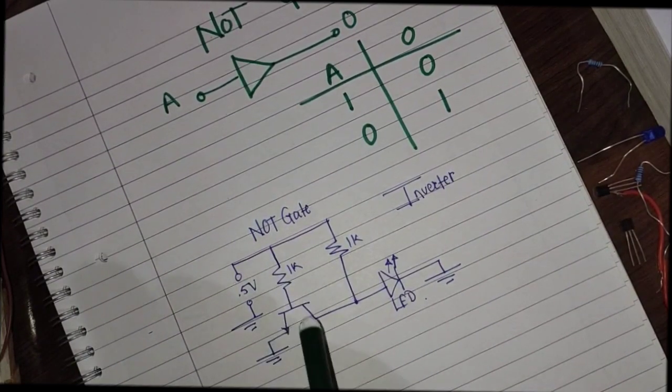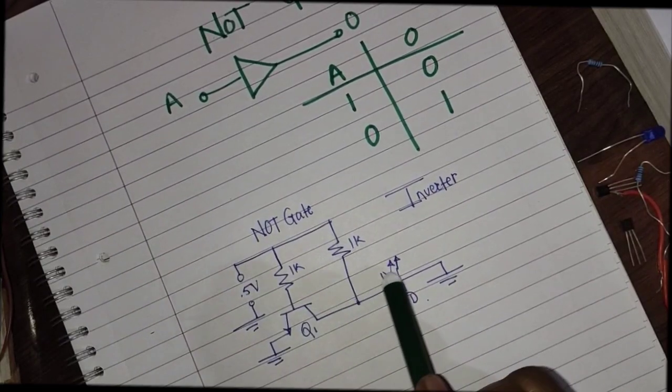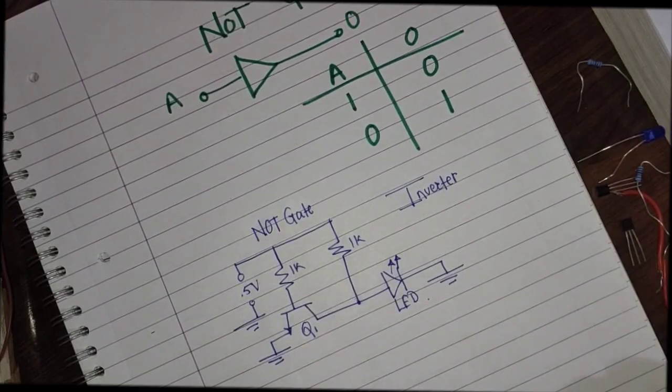And if the transistor is in an off state, it will follow the other path and go to the ground through the LED. That's the basic principle.